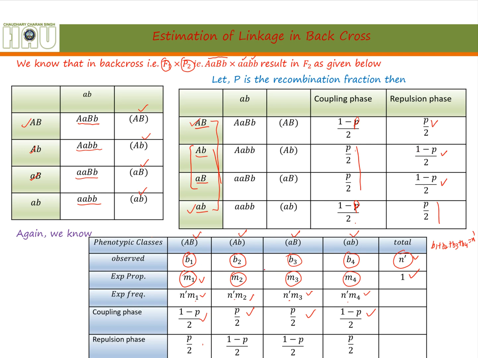Using these, we will develop a chi-square test or estimate the recombinant fractions in F2 in case of backcross. So let us start.